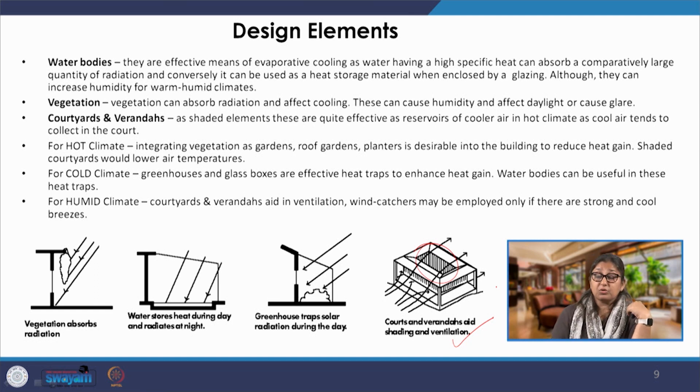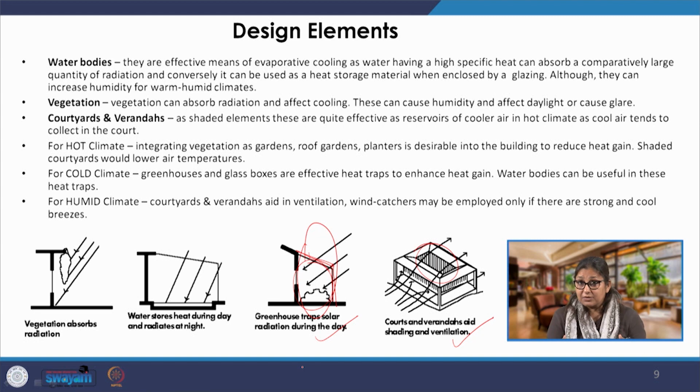While if we are looking at cold climates, maybe we may be looking at the greenhouse. So, this is glass, it traps the solar radiation, it helps to create a comfortable environment here. But during the night, either the surface has to be blocked by some sort of insulation, or this remains only a day use space. So, that is also a possibility.